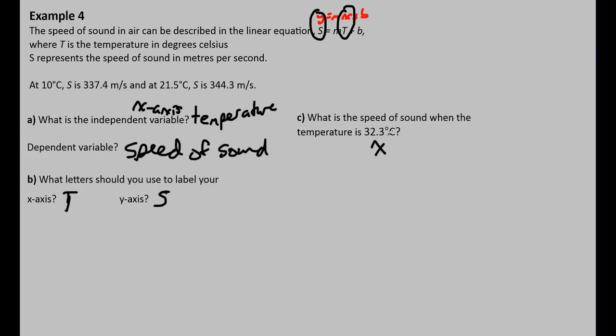But I don't have an equation, but that's what they gave us here actually. They're giving us coordinates along a graph. They're like saying when x is 10, because x is temperature, so this is like my x1, the speed of sound, which is like my y-axis, is this. So this is my y1 value because it's like writing it as the coordinate 10, 337.4.